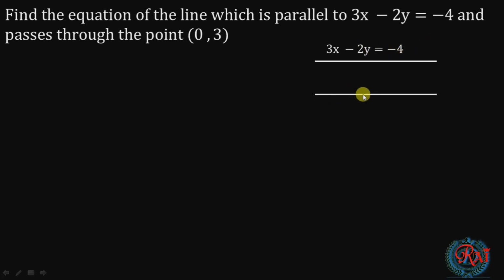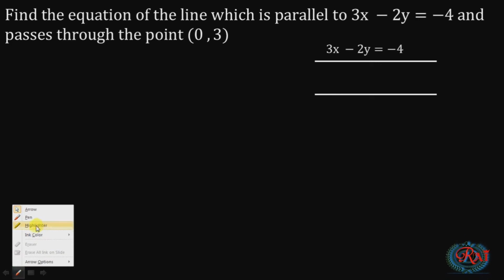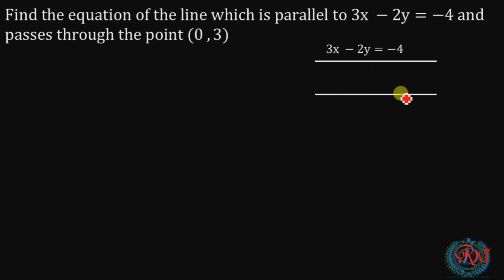There is another straight line which is parallel to this line. So we need to find the equation of this straight line, and this straight line passes through the point (0, 3).